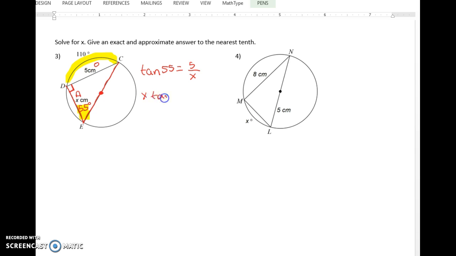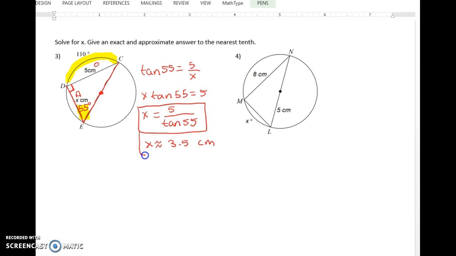I get x tan 55 is equal to 5. And then x is equal to 5 divided by tangent of 55. That is my exact answer. And then x is going to be approximately 3.5 centimeters.